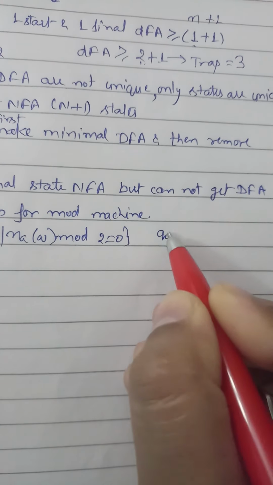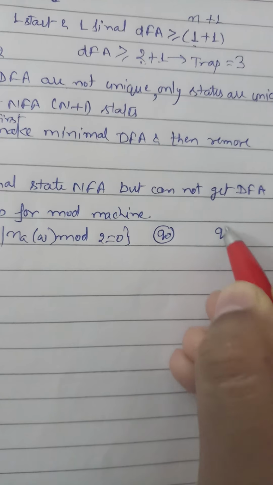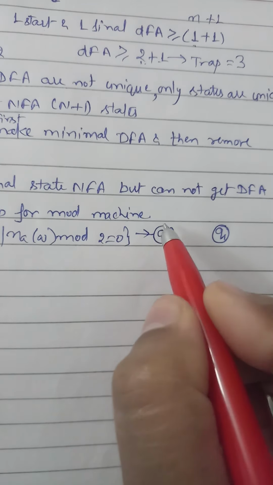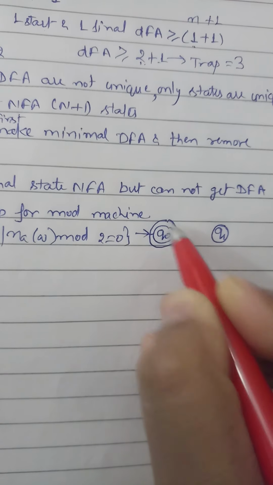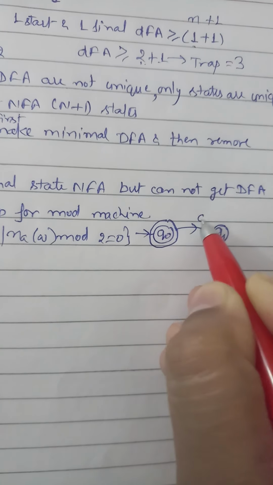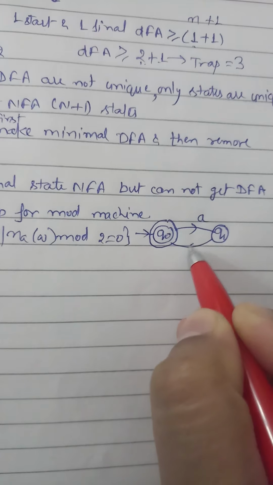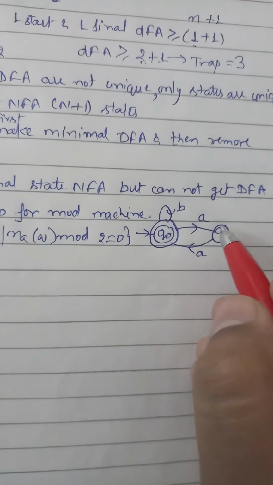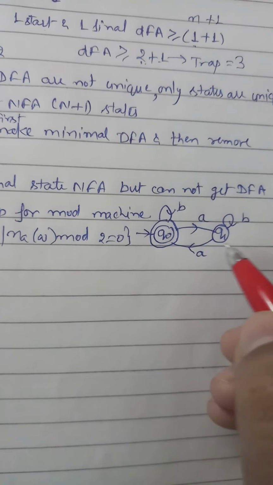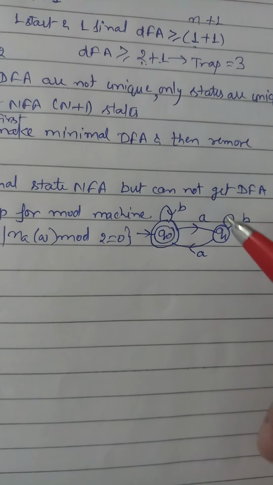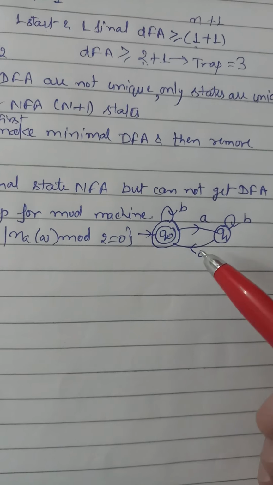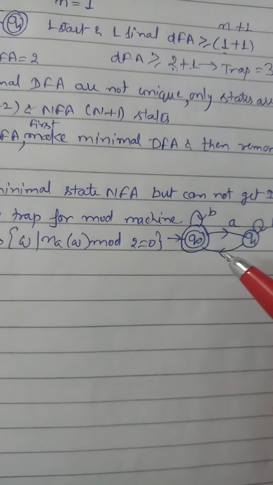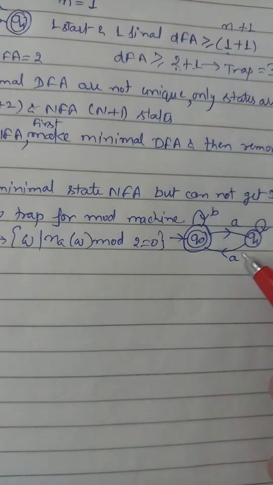We can simply make it like this. Because this is even number, the initial state will be the final state. We will put a B loop here and a B loop here, because B can be odd or even both. It doesn't matter, it only matters for even number of A. So this is the mod machine.